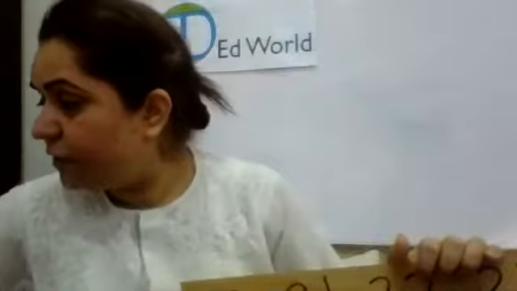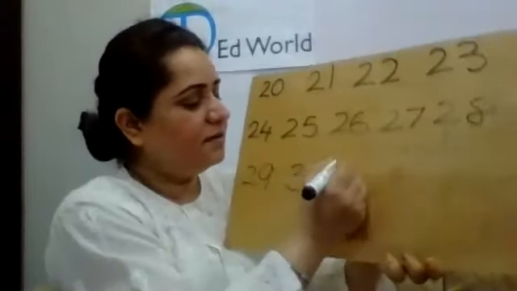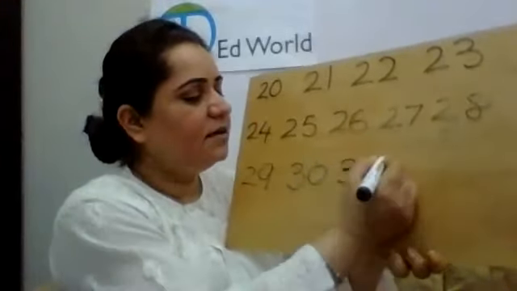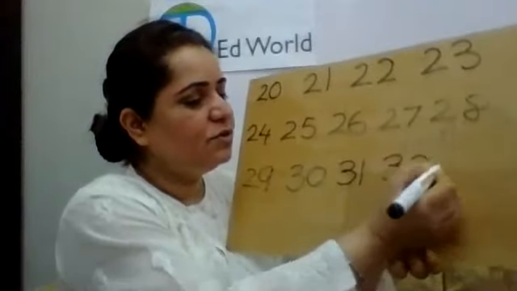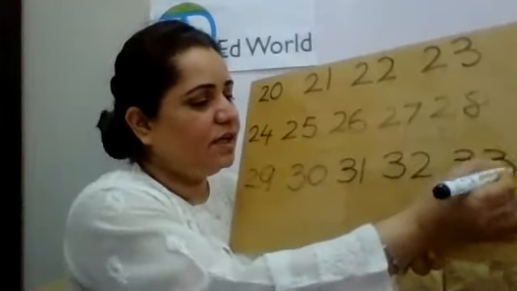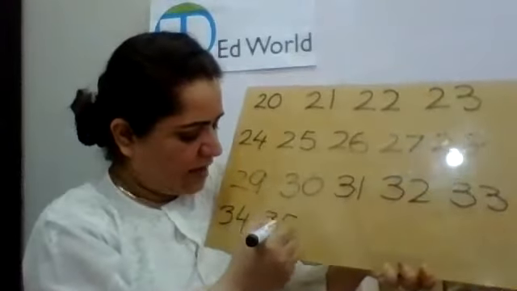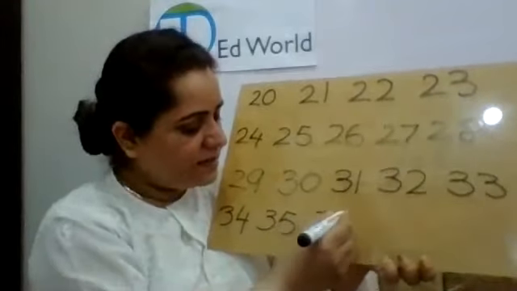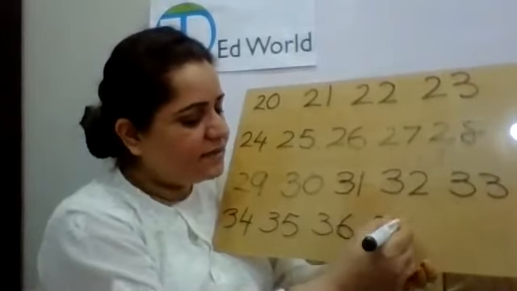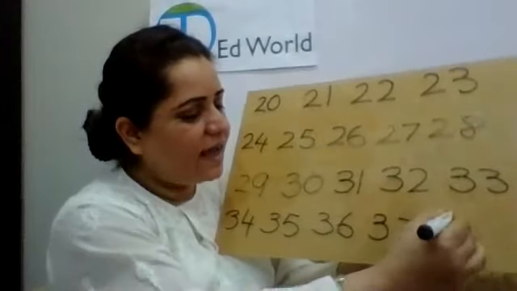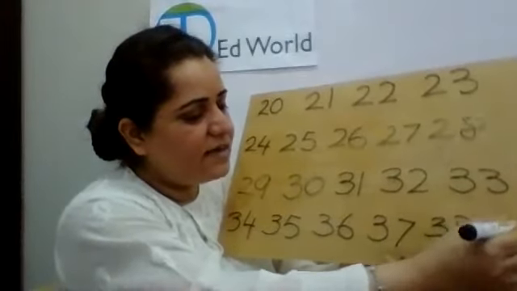So let me write that for you. I'll have to take another marker. We did till 30, then 31, 32, 33, 34, 35, 36, 37, 38, and 39.